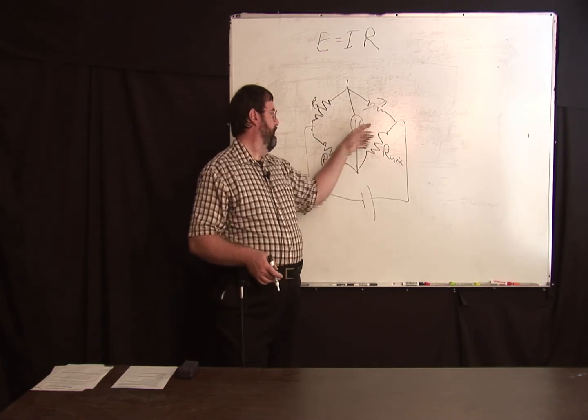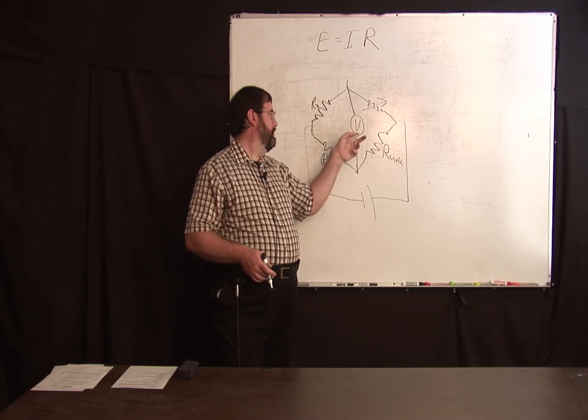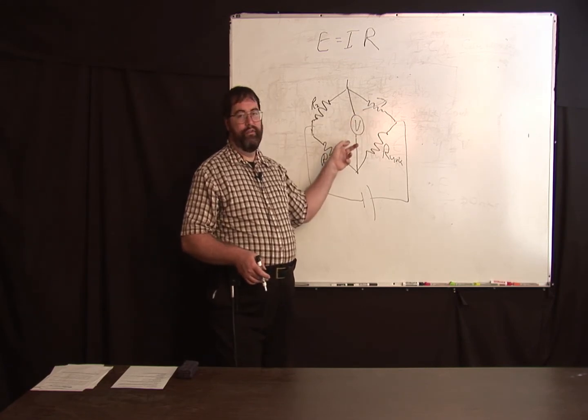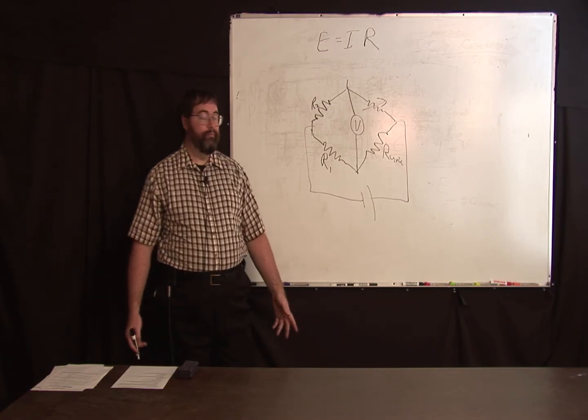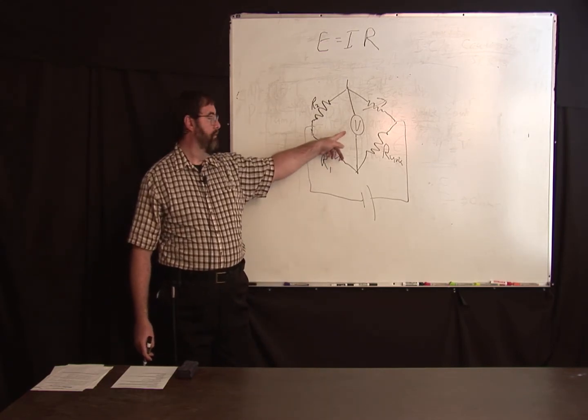So you can adjust this until this doesn't move, no matter which way you hook it up, and then you know the bridge is balanced without this even being calibrated.